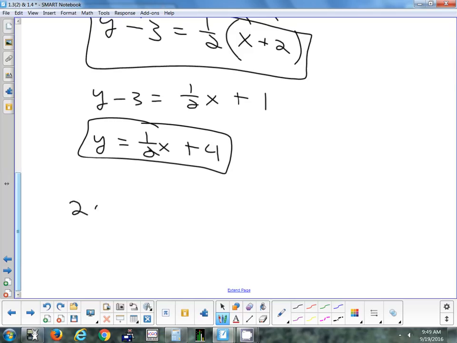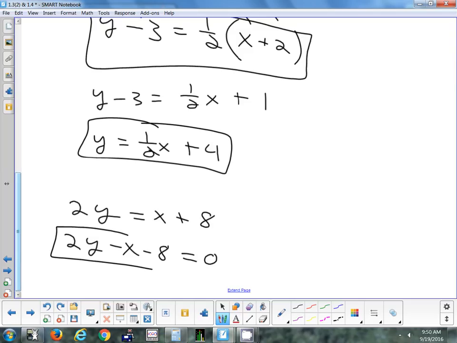Okay, and watch what happens. You get 2y equals x plus 8. And sometimes what they do is they move everything to one side. So let's just go like this: 2y minus x minus 8 equals 0. That's a third way to write the equation of a line. That's called general form. When you get 0 on one side and generally no fractions on the left.